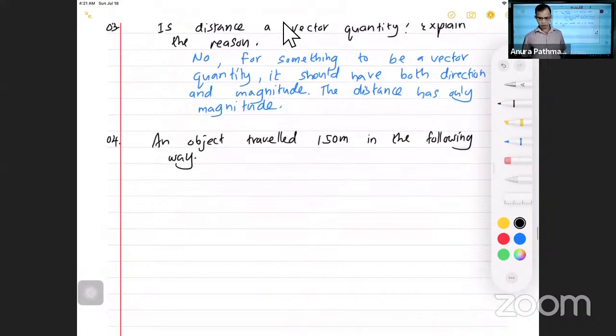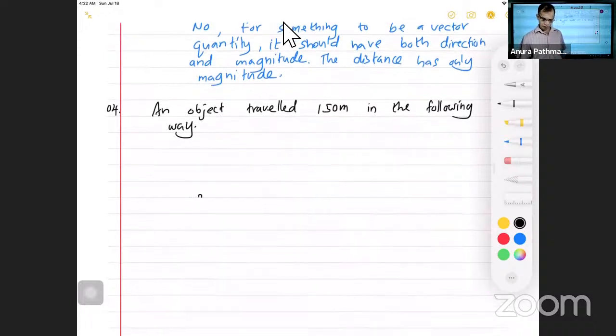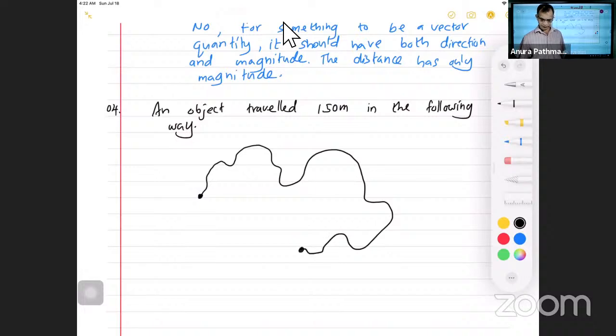I'm going to show you the way that it traveled. So start, this is the initial position. It went up like that, and then 150 covered. And I stop here. So this is the direction of the path, and this is the initial position. And this is the final position.